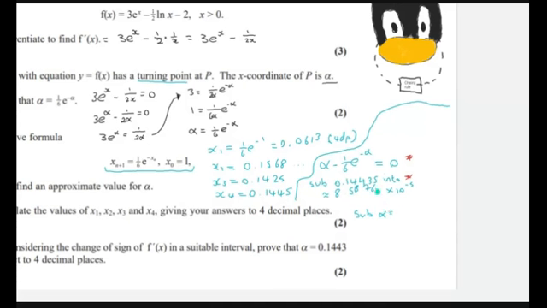Alpha equals the lower bound, which is going to be 0.14425.